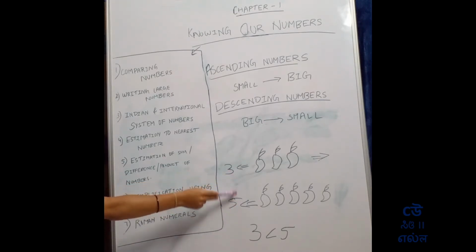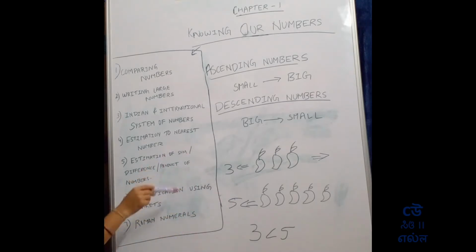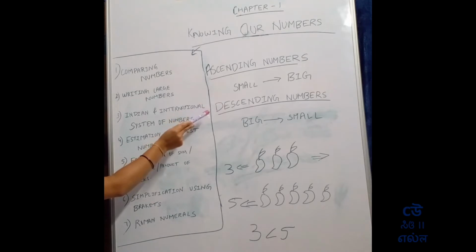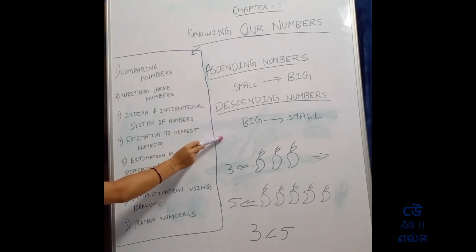Which is the greatest of these two? 3 is the smallest and 5 is the greatest. In ascending order, we arrange the numbers from small to big. Descending order means arranging the numbers from big to small.